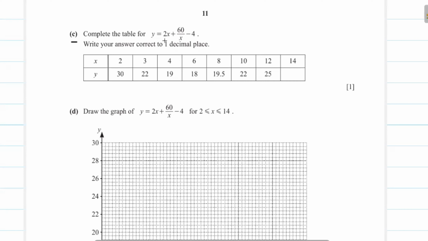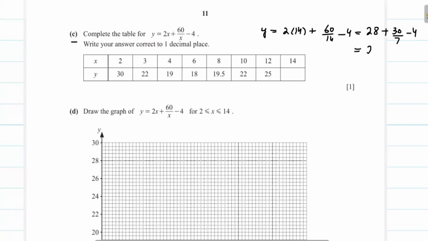Part C, complete the table for y equal to 2x plus 60 over x minus 4. Write your answer correct to one decimal place. Here y equal to 2 into 14 plus 60 over 14 minus 4, we can write it as 28 plus 30 over 7 minus 4.